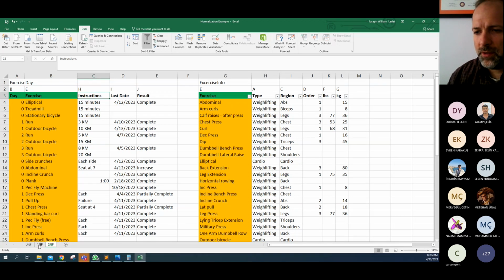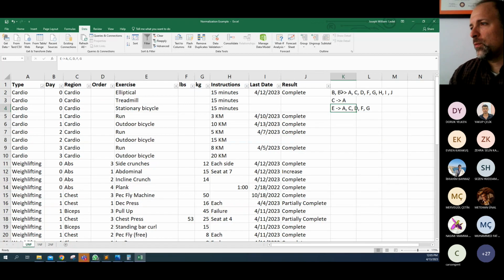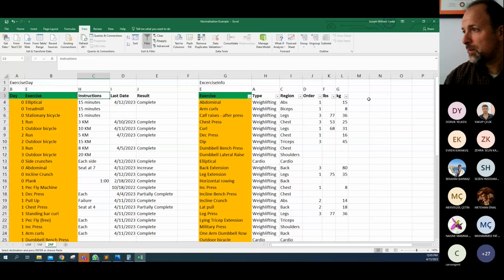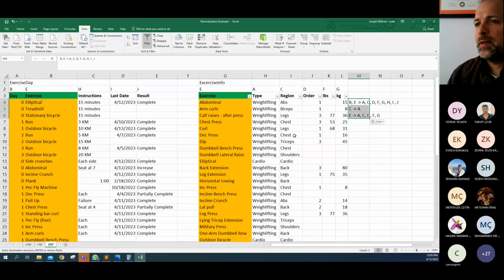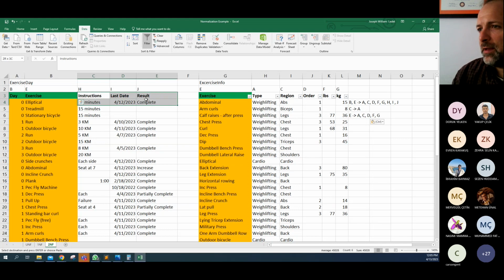Okay. All right. So if we go back to our original functional dependencies we identified, now we see that B and E determine HIJ. No partial dependencies there. E determines A, C, D, F, G, right? No partial dependencies there. Great. All right. What about transitive dependencies?